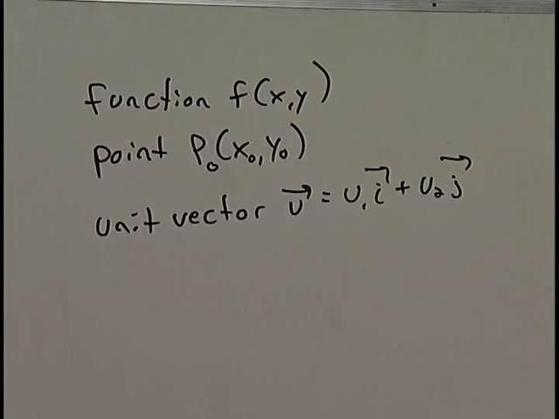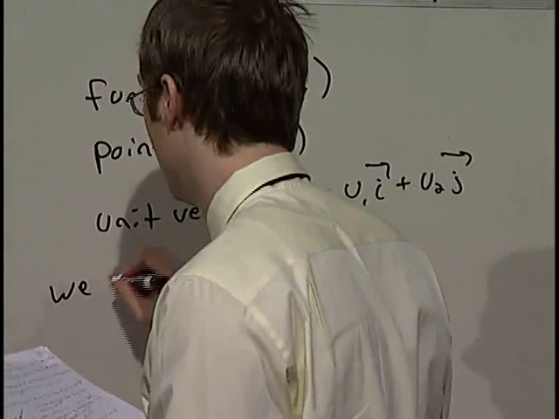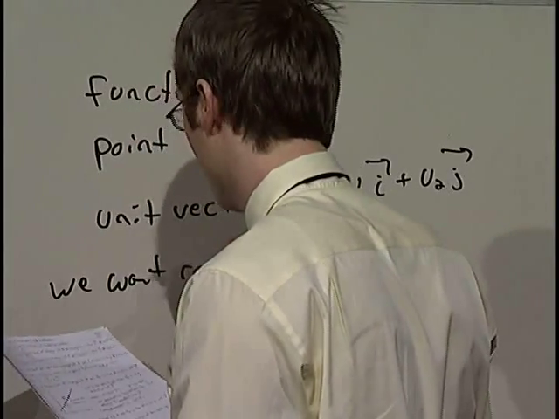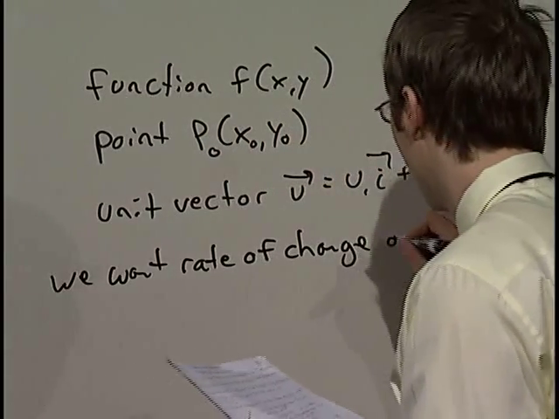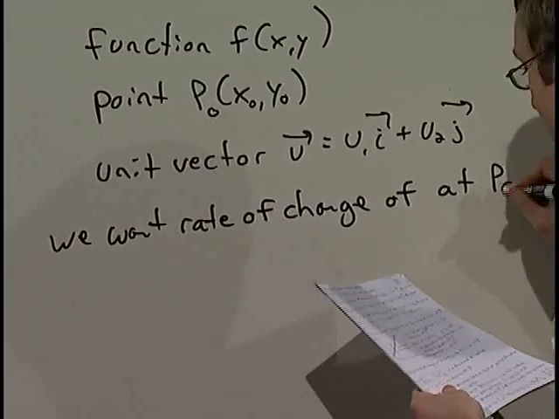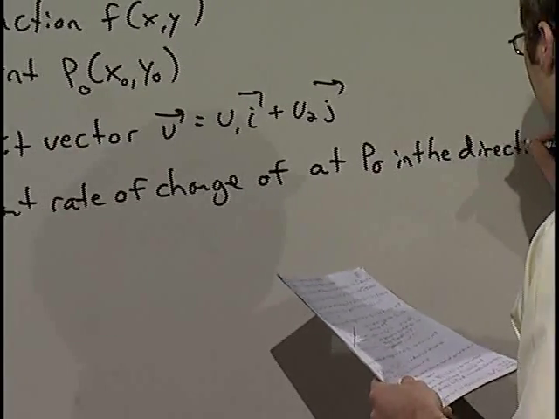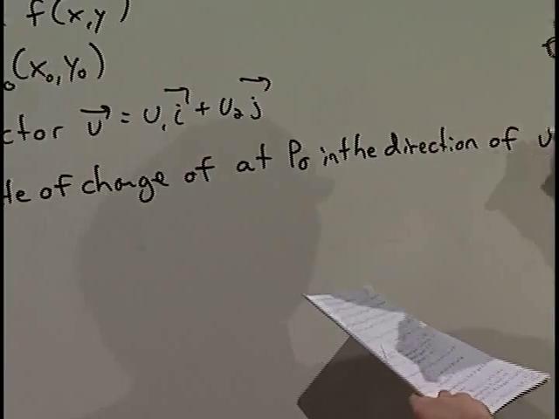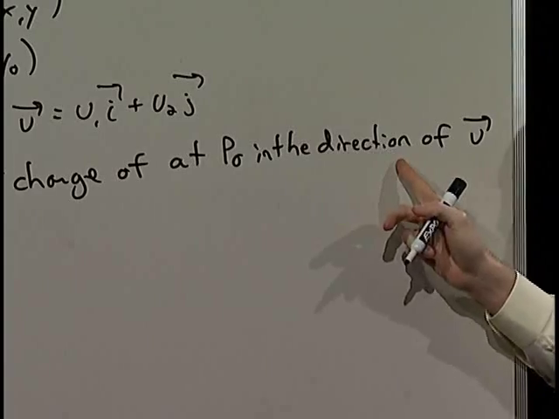We're asking, if I move in the direction of that unit vector, how will f change? So we want the rate of change of f at P naught in the direction of u, right?